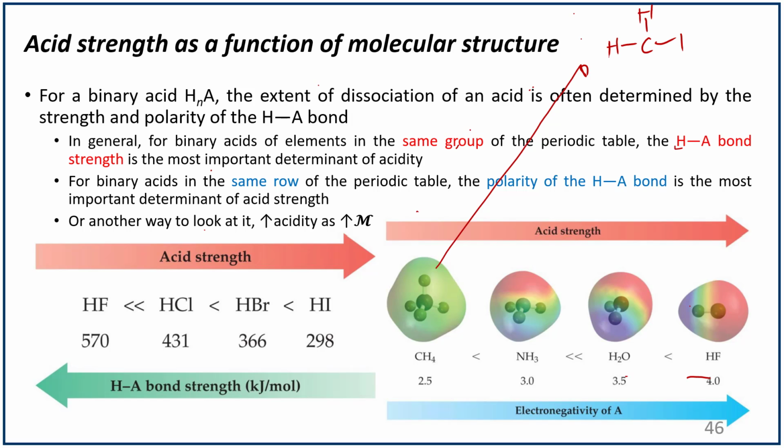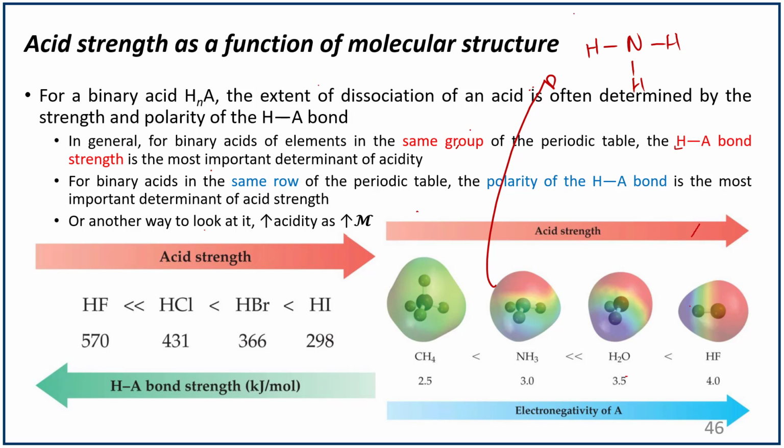Okay. Now methane being nonpolar just means that these two electrons are being evenly shared between carbon and hydrogen. These two electrons are being evenly shared between carbon and hydrogen as well. And now let's look at ammonia. The Lewis structure for ammonia is this. Okay.